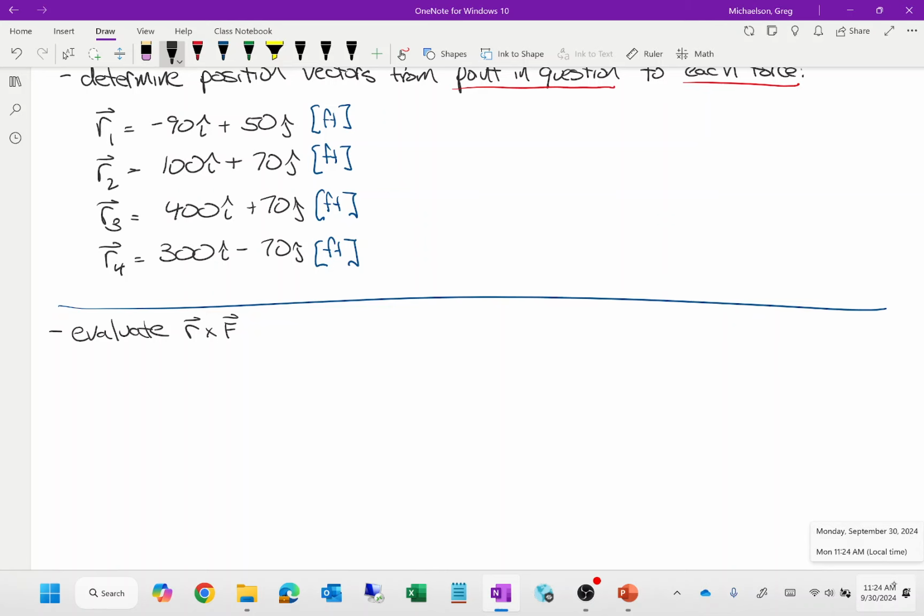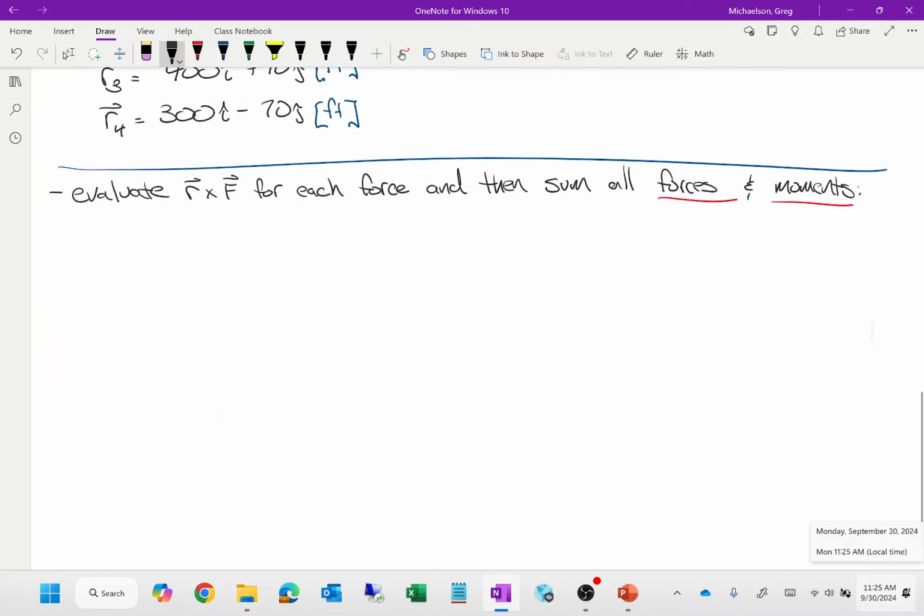We're going to evaluate R cross F for each force and then sum all forces and moments. I am an engineer, so I like tables. So let's see if we can draw us up a table.